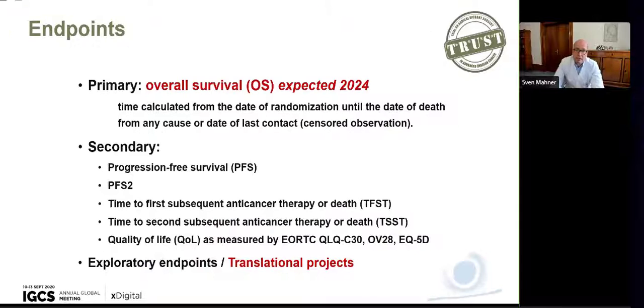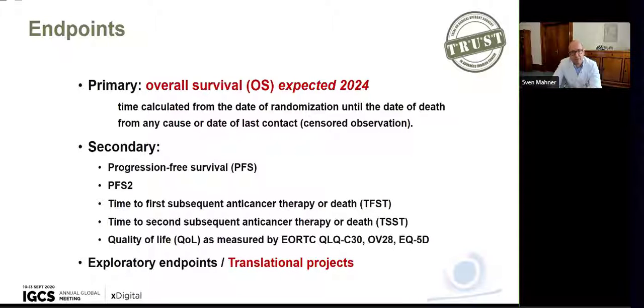And currently we are waiting for the results regarding the primary endpoint of the study, which is overall survival. I think the only viable endpoint for such a study approach and such a question. And this is expected to be ready by 2024. However, we will see if that's the case. And it depends, of course, on the number of events.